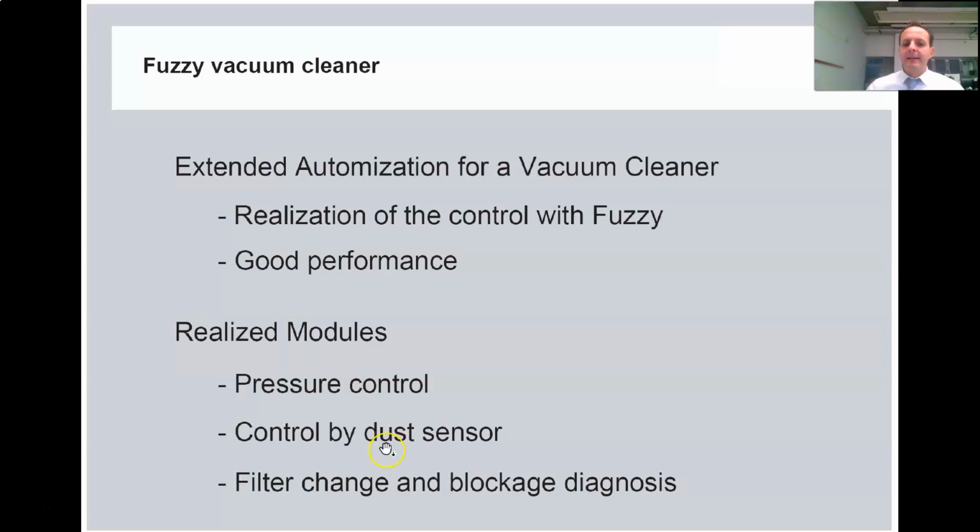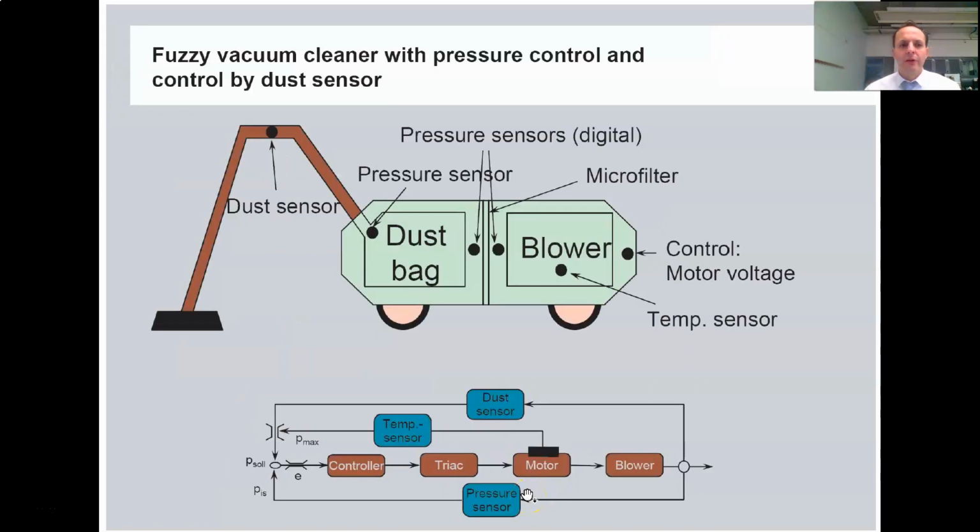And this system is also able, for example, to provide monitoring of your process in terms of when you need to change the filter or the blockage of your process. So you have perhaps your pipe here used for blowing or removing the dust, and you have the dust bag.